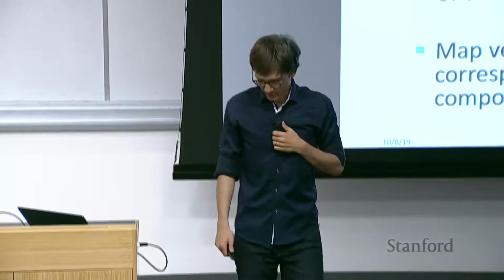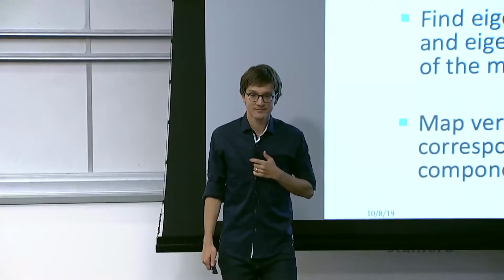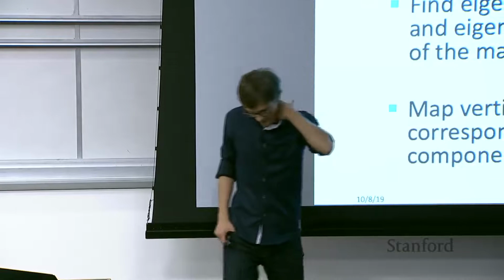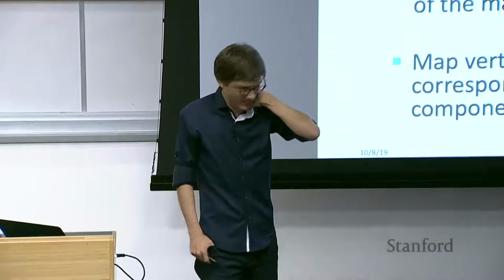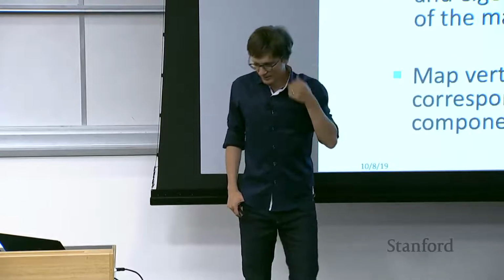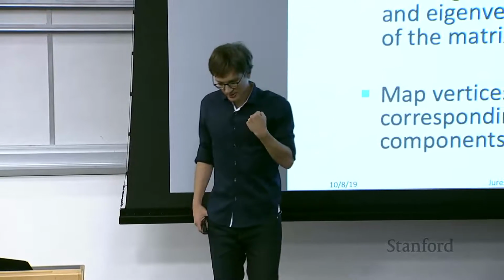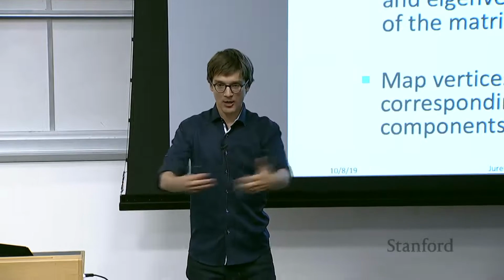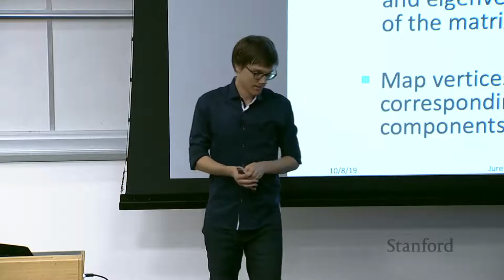Yes? Is there an intuitive way to think about how eigenvectors relate to an adjacency matrix? Is there an intuitive way? Besides just individual eigenvectors. An intuitive way how eigenvectors correspond to the adjacency matrix. I mean, we talked about the spectrum allows us to uncover the connectivity, how many connected components we have.